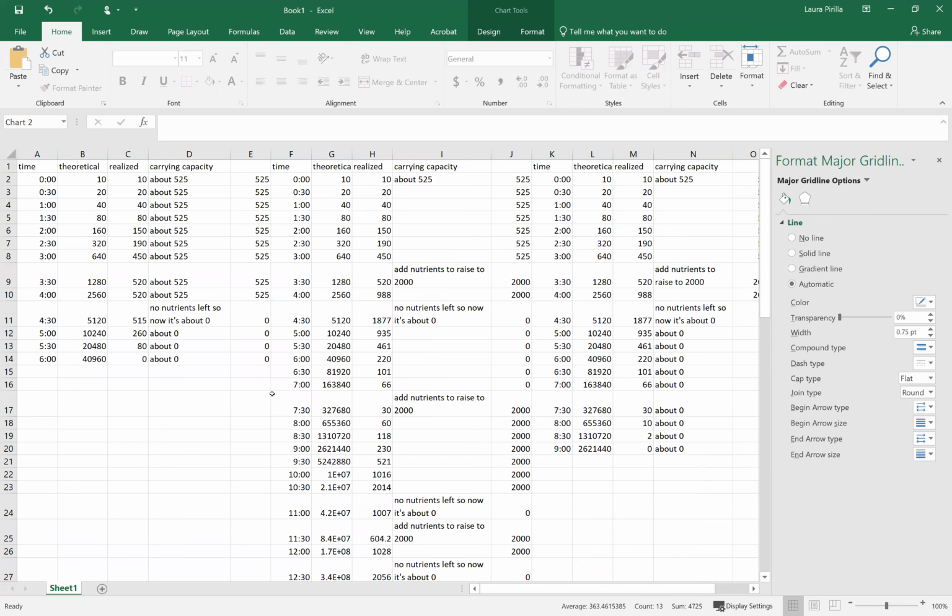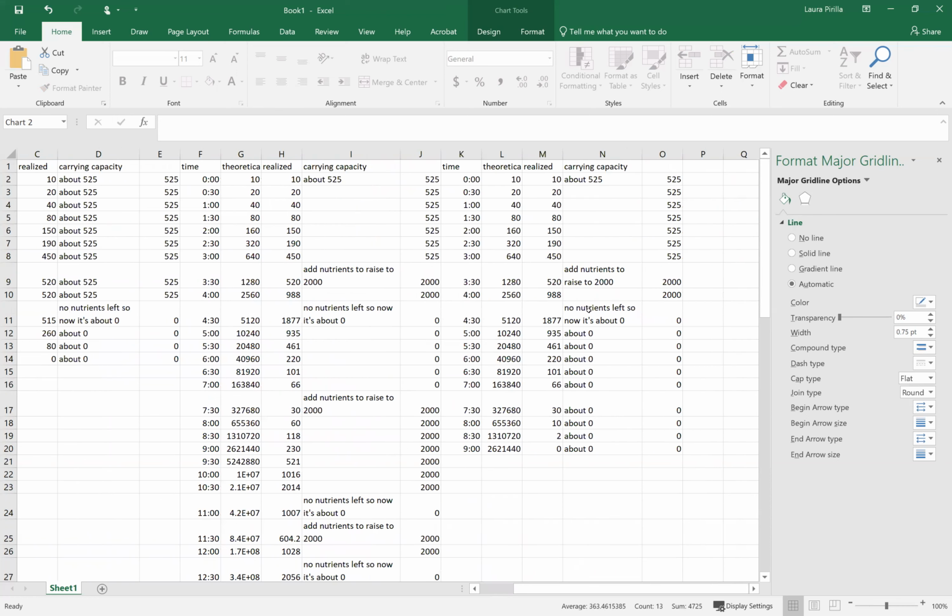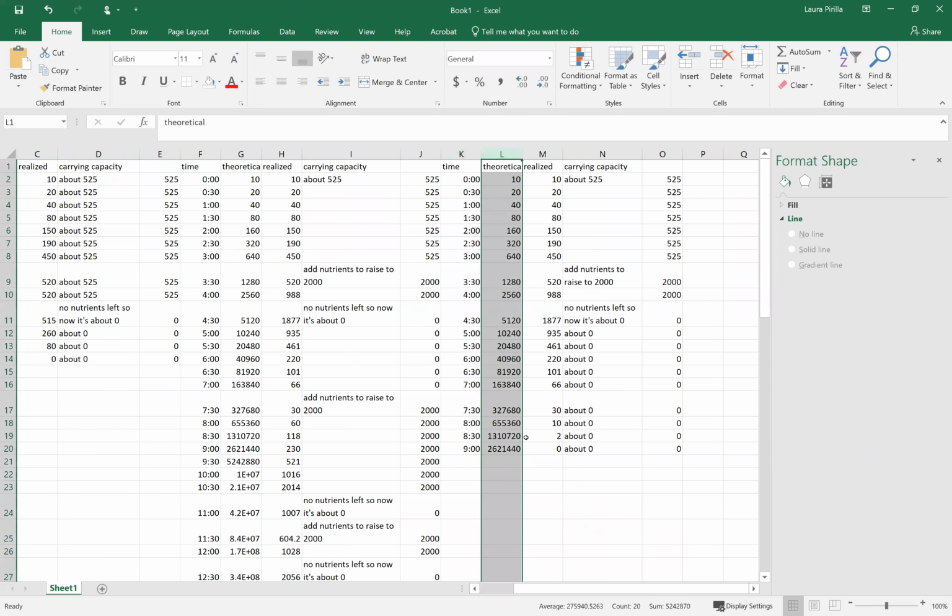So now I propose the experiment to you of what would happen if you were to refresh the nutrition in this environment one time when you reach the maximum population. So in this graph, this is the same time, the same theoretical growth numbers, the same realized growth numbers, except I had to extrapolate what they might be up to a certain point.